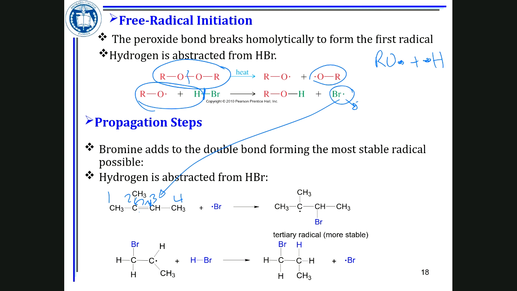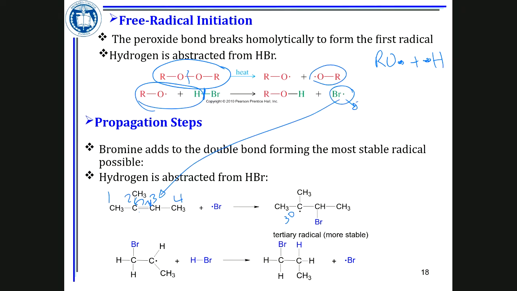Which one is going to be more stable? When bromine is attached to carbon 3, carbon 2 would give you a tertiary free radical, and because it's a tertiary free radical, it is going to be more stable. And then hydrogen will add to that free radical.